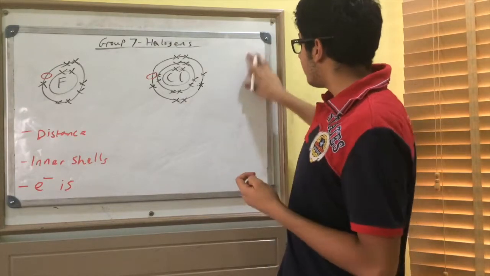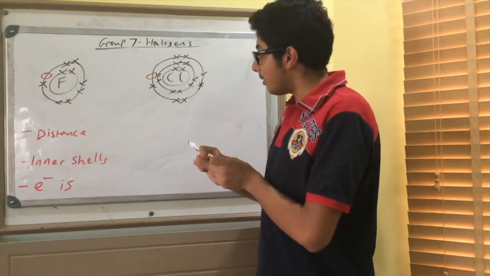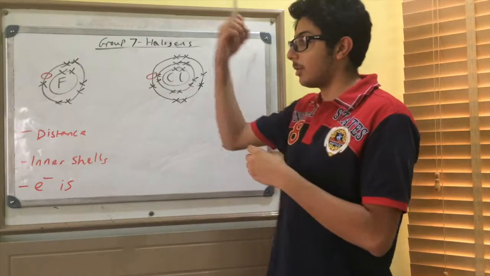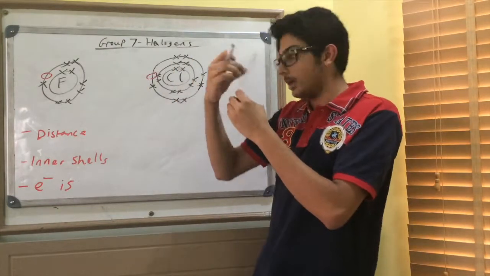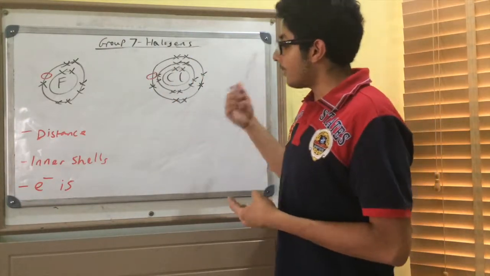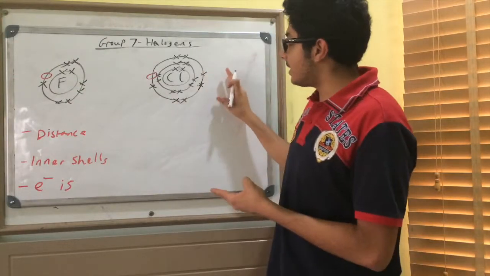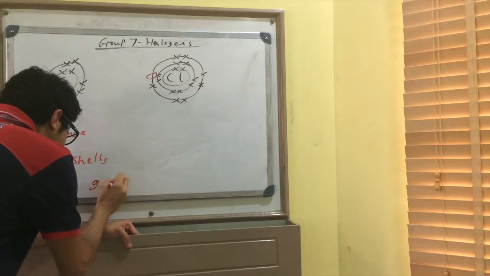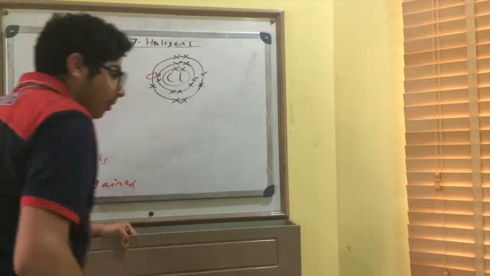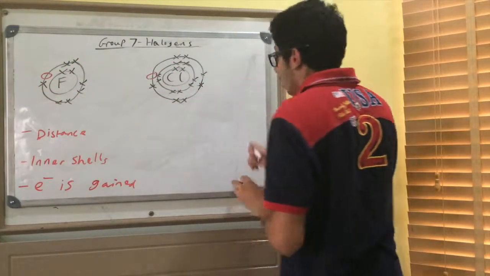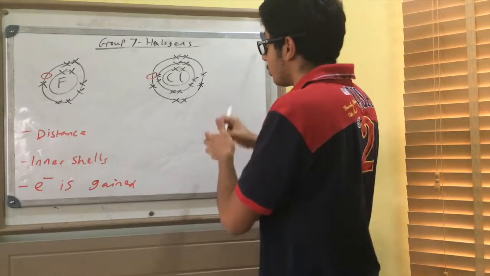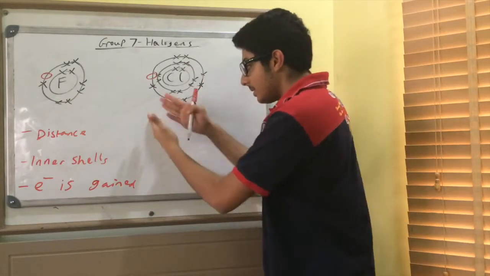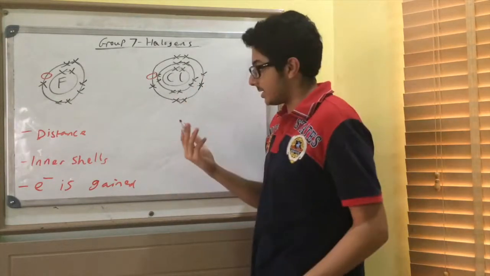And that is why the ions are negative, because you have more electrons than protons if you gain an electron. And the reactivity is basically based on how easily the electron is gained. For group 1, it was how easy the electron is lost. Here it's how easy the electron is gained. So basically the same points, but the opposite.